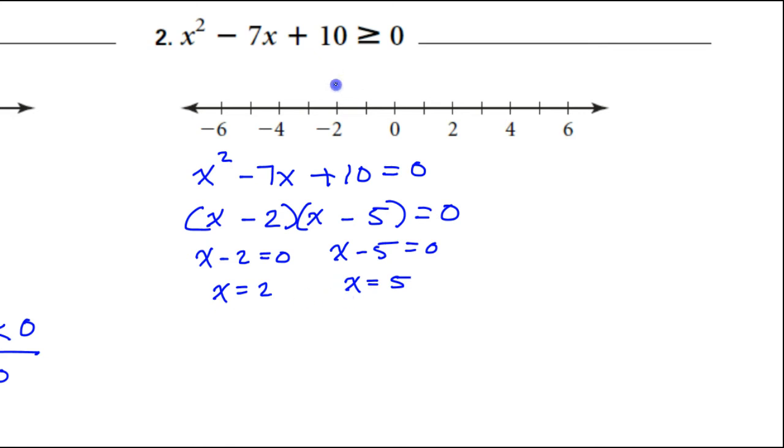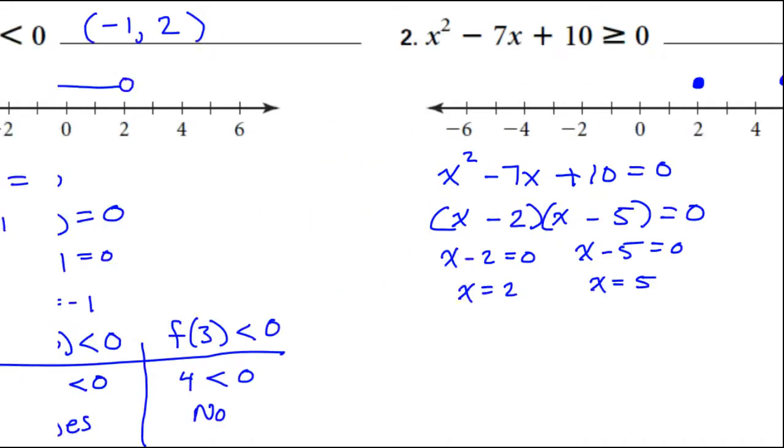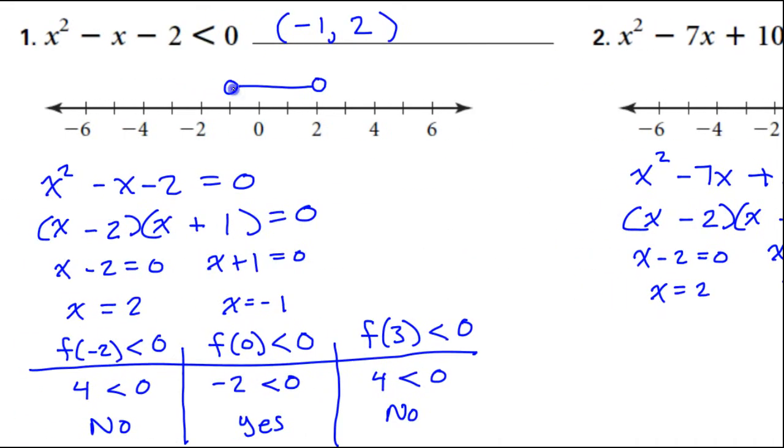So I'm going to graph those zeros on my number line. Okay, so the function equals 0 at 2. So I'm going to go ahead and put a dot there. And the function equals 0 at 5. So I'm going to put a dot there. Now last time I graphed these points on the number line, I left them as open circles.